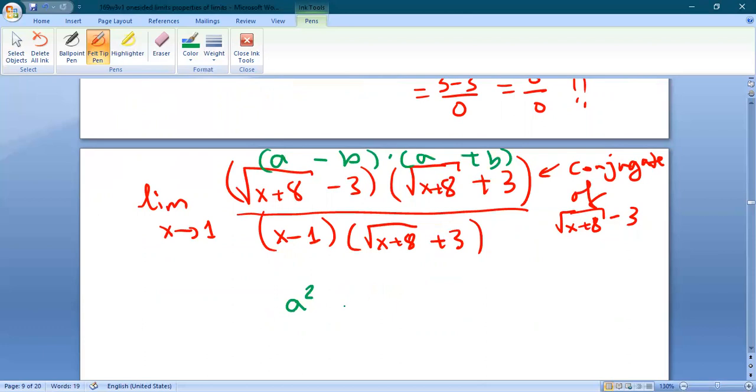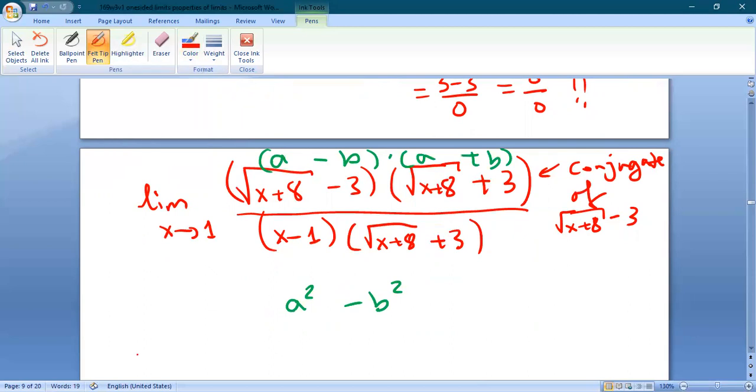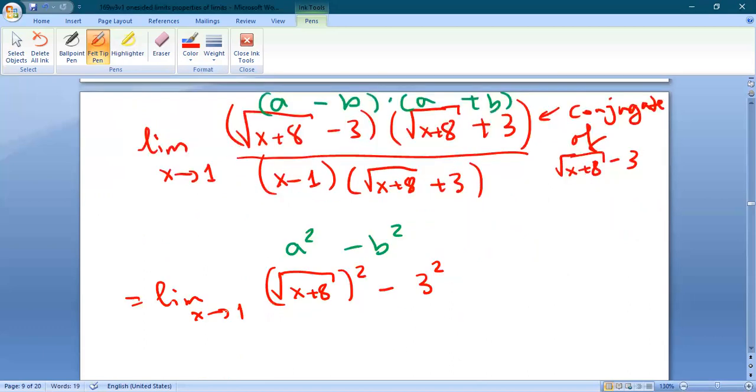So I'm going to have square root of x plus 8 minus 3 squared. On the bottom, I just rewrite it. I don't do anything.